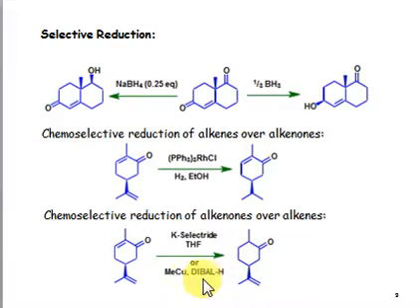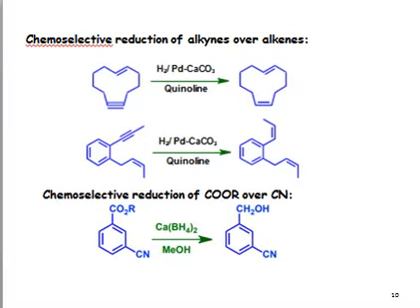This reagent will selectively carry out the reduction of the enonic double bond. So if you are preferring to reduce this enonic double bond, you have the preference either to use the potassium selectride or you may use methyl cuprate in presence of diol, right? Both of these reagents can work when you are considering the reduction of the enonic double bond.